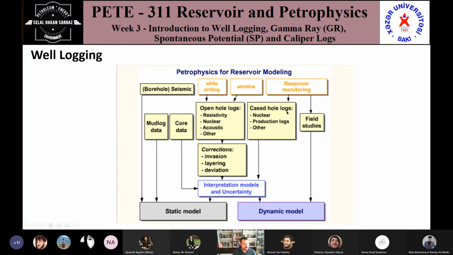In terms of reservoir monitoring, you will get cased hole logs. What do you mean by cased hole logs? You put your casing, you have done your cementing operation, you finalized it. Your drilling is already finalized, and you have a completed well sketch. You can still get some logs. Why are we doing this?